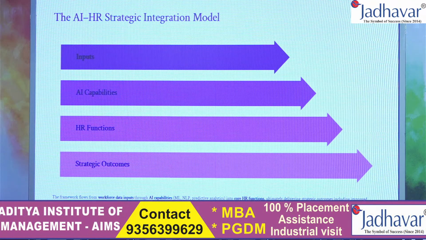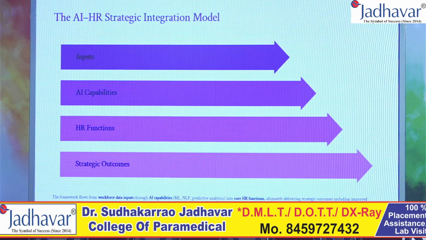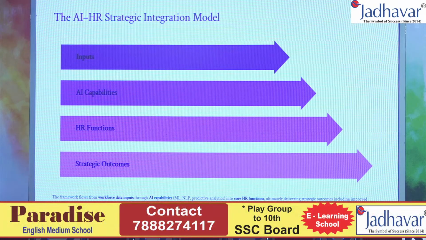And HR functions, as I have said, from the day we enter any company: recruitment, selection, training, performance appraisal, promotion, transfer, demotion, then salaries, attendance, till the time they leave the company, their gratuity, PF, everything can be taken care of with the help of AI.